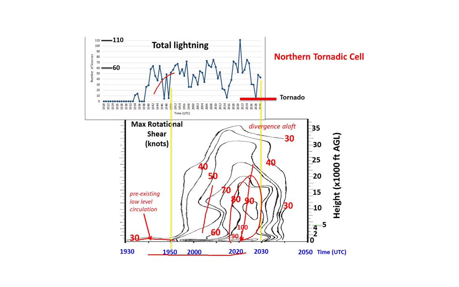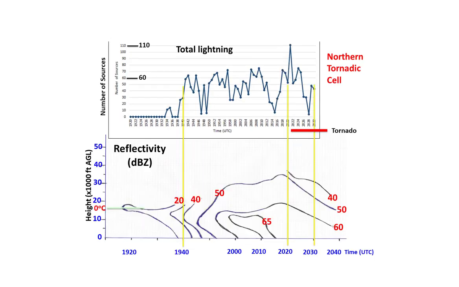You see it builds up from low levels. Now, if we look at that also in relation to the reflectivity, again, initial reflectivity builds up and then more as we get closer to when the updraft strengthens.